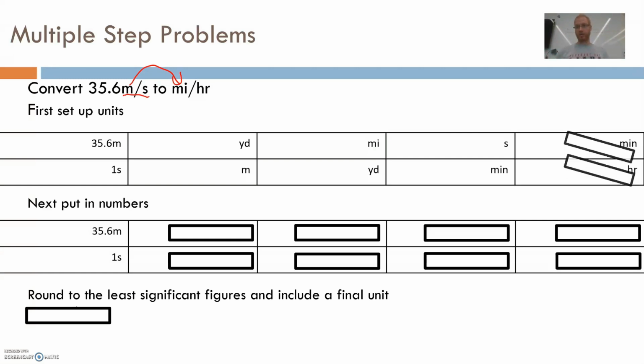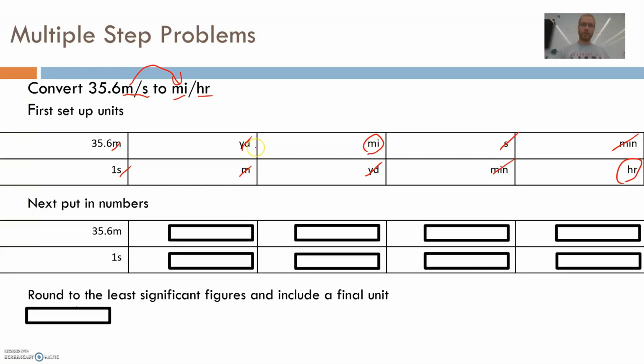And then you're going to convert minutes to hours. So look what you have. Meters cancels, yards cancels, and you're left with miles. Seconds cancels, minutes cancels, and you're left with hours on the bottom. What are you trying to find? Miles on the top, hours on the bottom. So if you plug in your numbers correctly, you'll find the number of miles per hour.